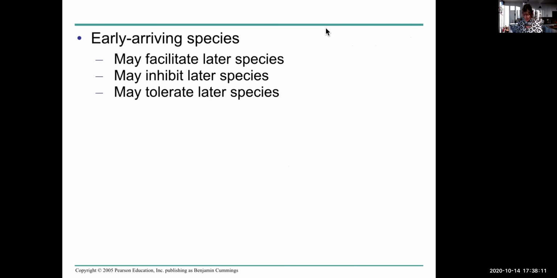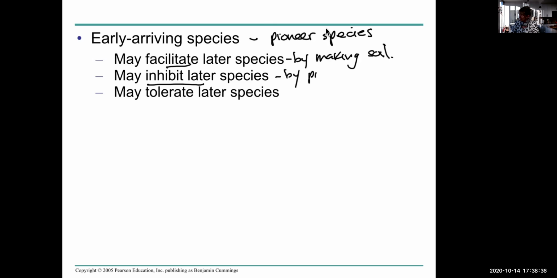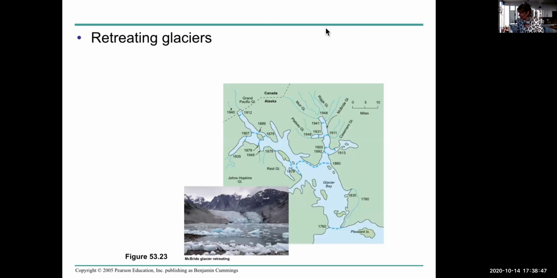After a disturbance, the early arriving species, also known as pioneer species, they may facilitate later species by, say, making soil. They may inhibit later species by, say, producing an acidic soil, or they may simply tolerate later species and then they live together in that area.